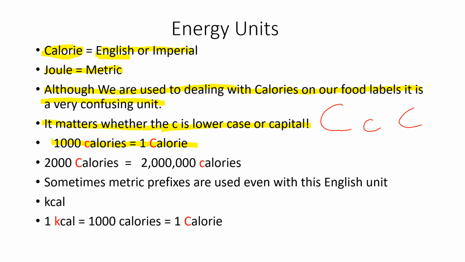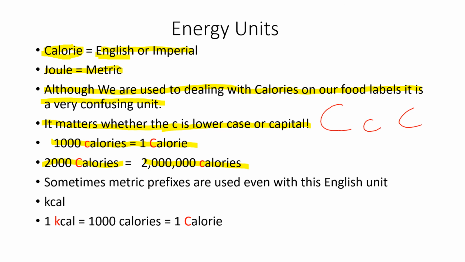Well, those 2,000 calories are actually big C calories. If they were listing them in little c calories, well, if every big C calorie is 1,000 little c calories, then 2,000 big C calories would actually be 2 million little c calories. Kind of sounds gross to say, well, I eat 2 million calories a day. It's not actually incorrect if you're talking about little c calories.